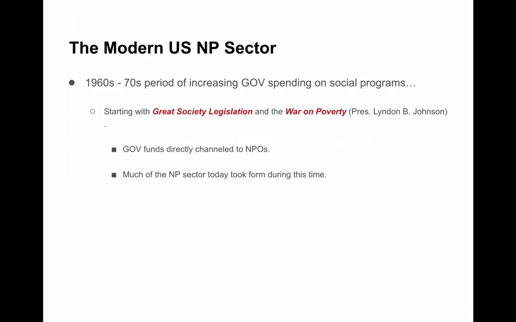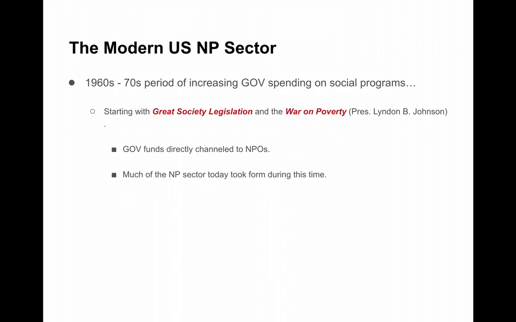So in the 1960s and 70s, you'll see increased government spending on social programs, especially with the Great Society and the War on Poverty, both issued by LBJ, Lyndon Johnson back then. So why is this relevant? Because government funds were directly channeled to nonprofit organizations.